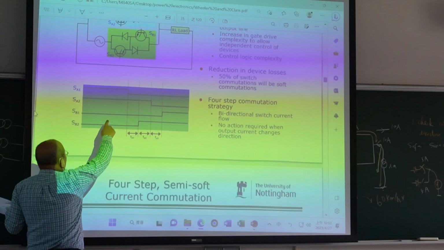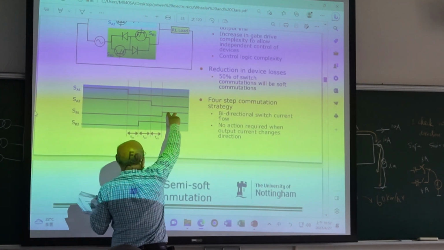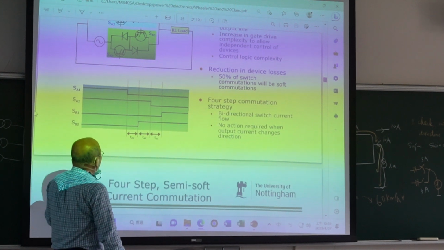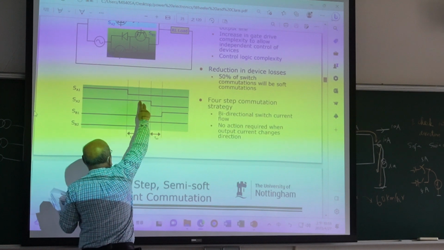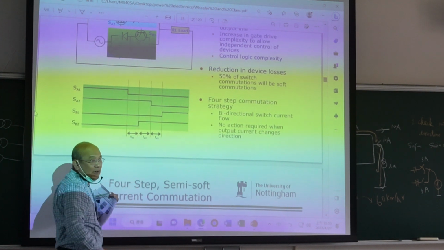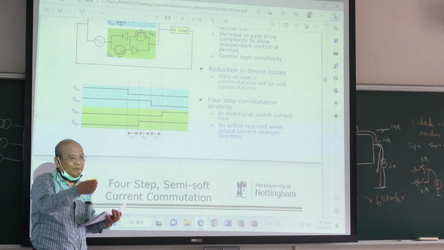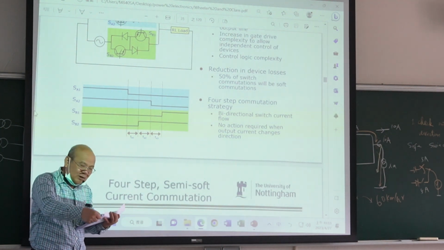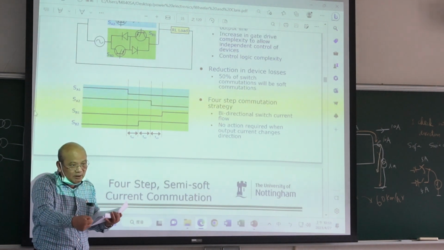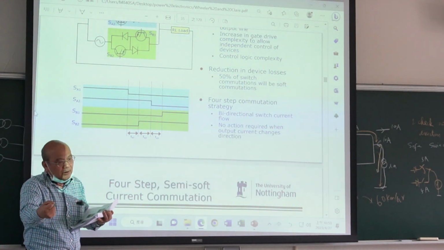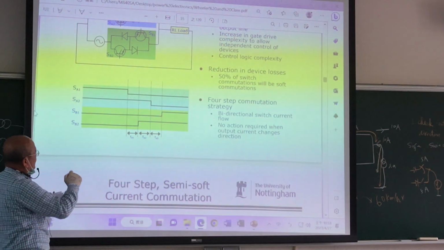So here A phase shares 10 ampere. Here B phase shares 10 ampere. And here in the middle, A and B both share 5 ampere. So we can move smoothly from 10 ampere to 5 ampere to turn off. The other direction is 0 ampere to 5 ampere to 10 ampere. So then we have a smooth commutation.